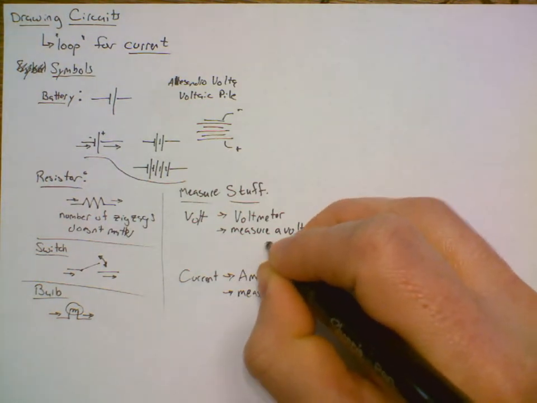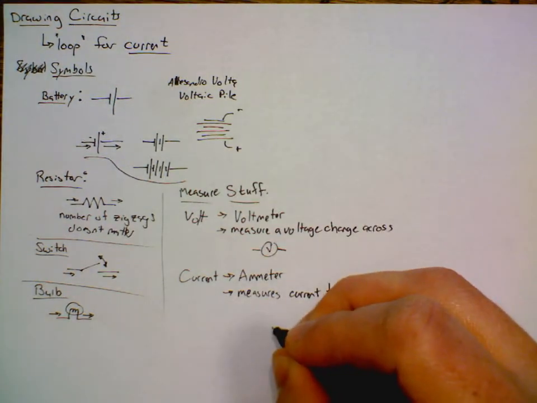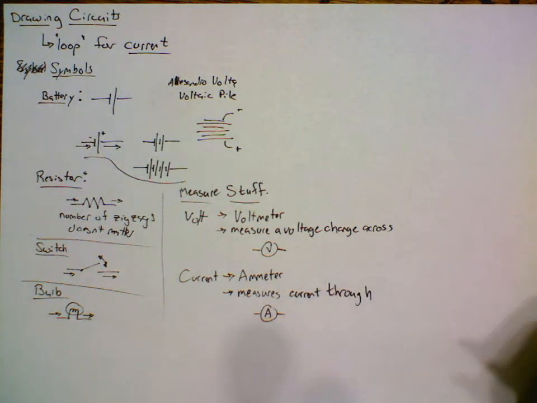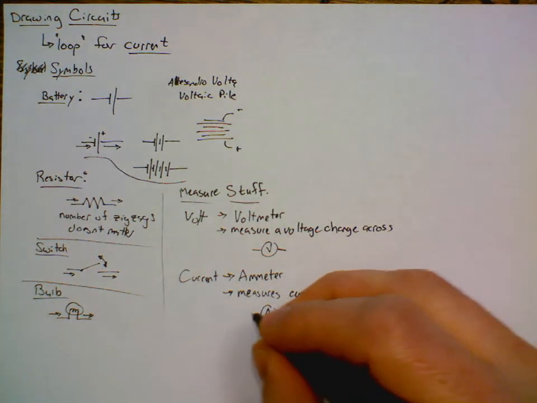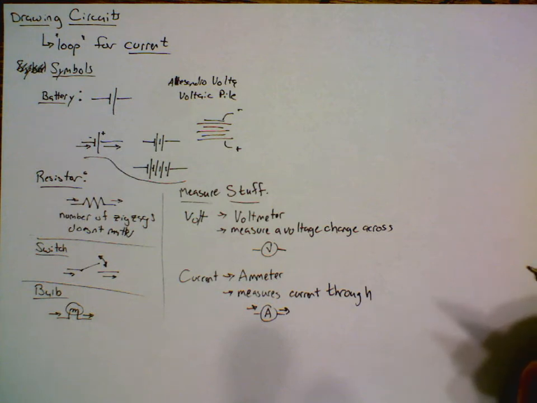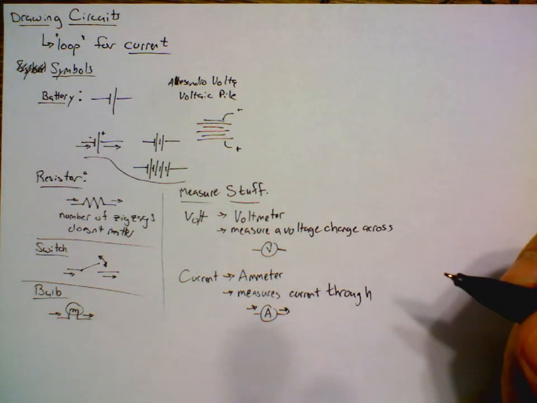Symbol for a voltmeter is just a V with a circle around it. I know, how clever. Symbol for a current meter, an A with a circle around it. I know, how clever. The ammeter does have current going through it when we have it in a system. The voltmeter does not. That's an important difference.